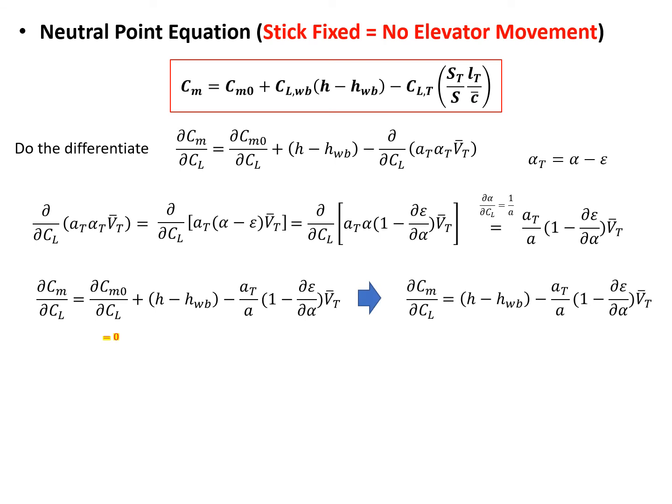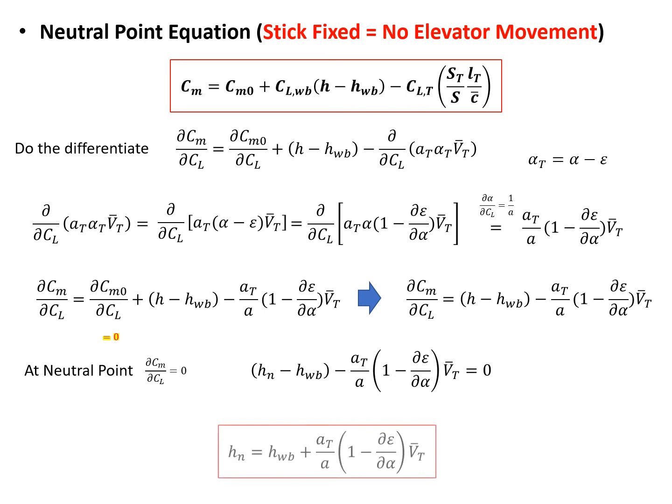So this equation can be simplified, especially on the right hand side. At the neutral point, we also know the total moment is 0, and then partial Cm partial CL is also 0. Okay, and then we have the right hand side being 0. So it's much simplified from the original equation.